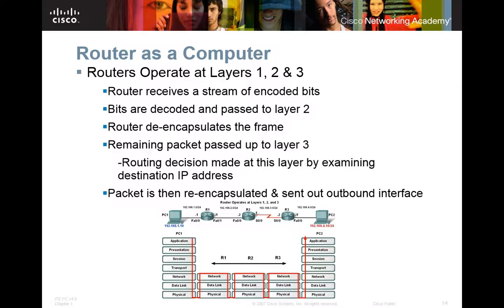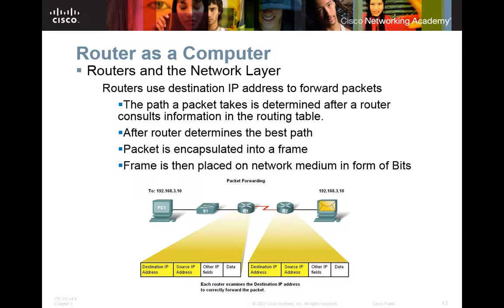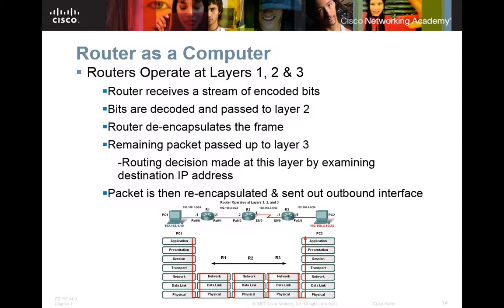Okay, routers in the network layer. Routers use that destination IP address to get to the destination, right? When you send a packet, it says, I need to go to this IP address. The router reads it, sends it on. So here's a better picture of it. PC1 creates the packet down to the bits. It comes up to the network layer on this first router, reads it and says, oh, okay, I know this IP address needs to go out dot 1 to go over to dot 2.